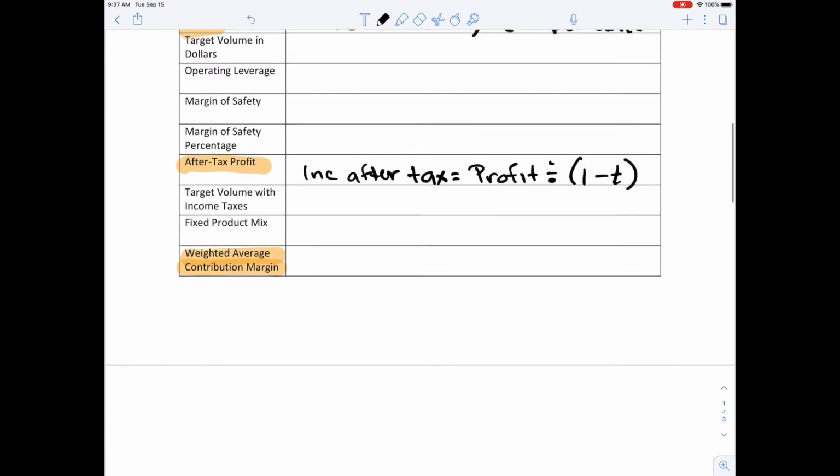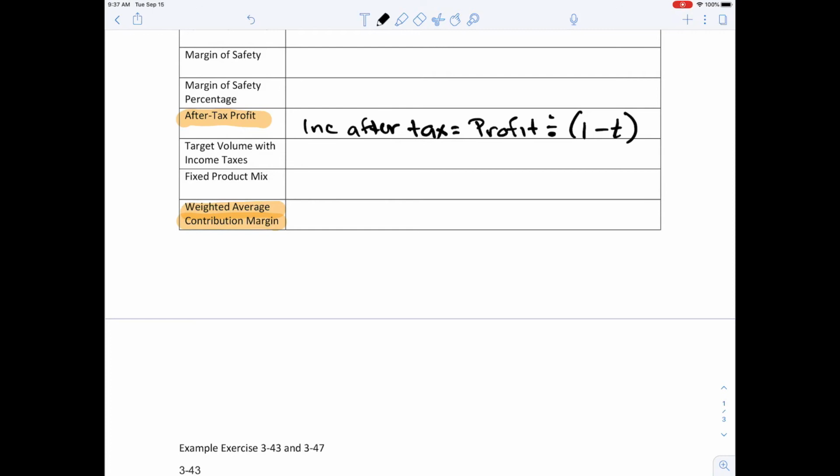One other thing we want to make sure we go over is this weighted average contribution margin. Because most companies sell more than one product, we want to make sure we get a weighted average contribution margin in order to realize what we need to break even. There's a couple steps to this process which we'll go through in the examples, but I want to give you a quick shortcut to find that weighted average contribution margin.